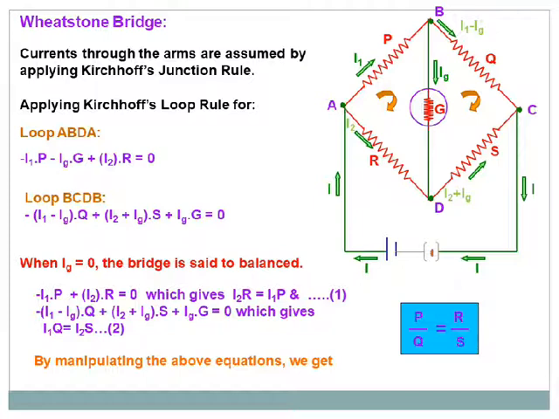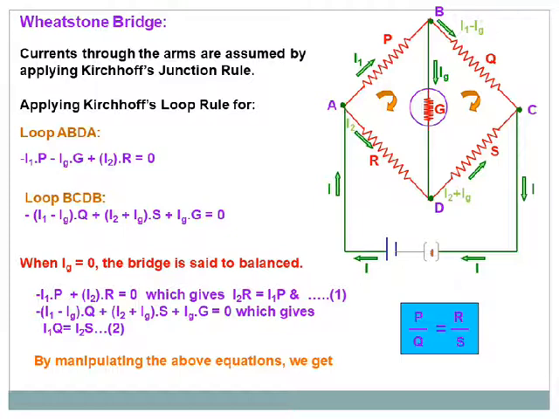So let's see what happens in the first arm, which is A to B. While moving from A to B, current I1 is moving along with the tracing path. So it will be minus.